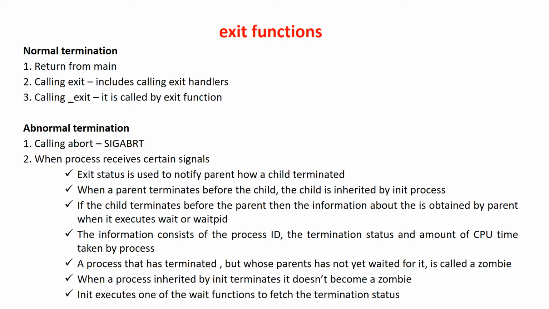A process that has terminated but whose parent has not yet waited for it is called a zombie. When a process inherited by init terminates, it does not become a zombie. It needs to execute one of the wait functions to fetch the termination status. These are some of the abnormal terminations.